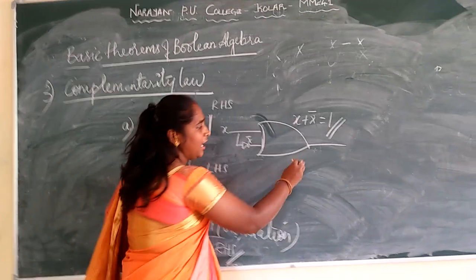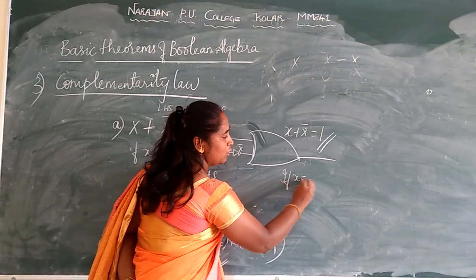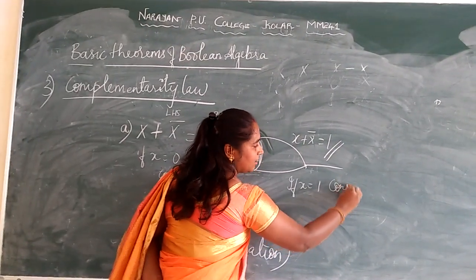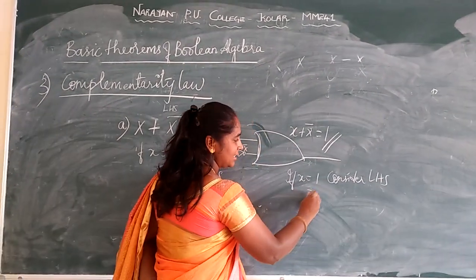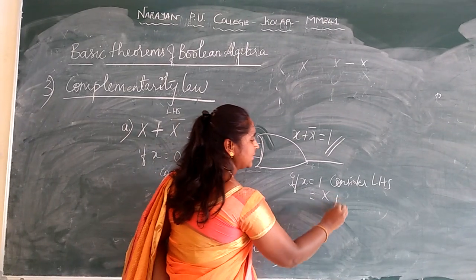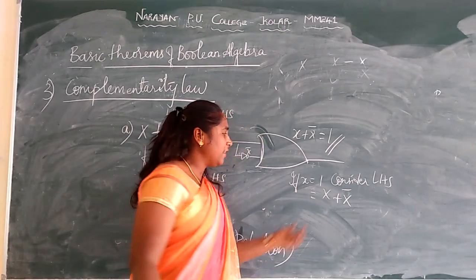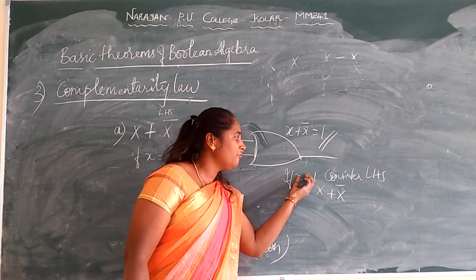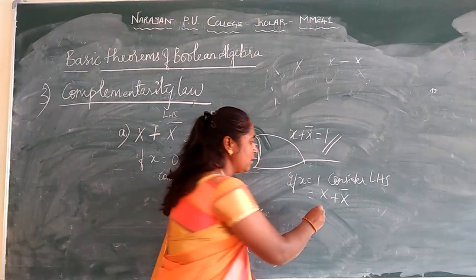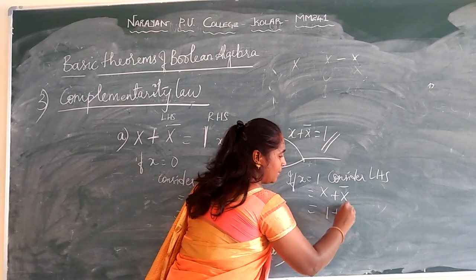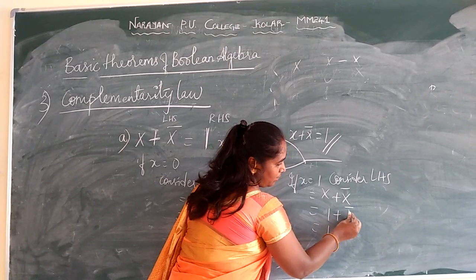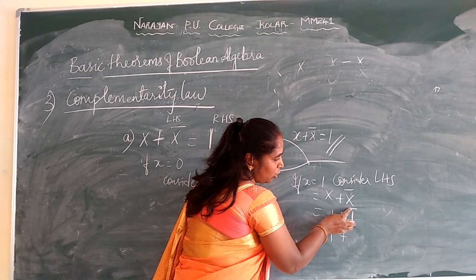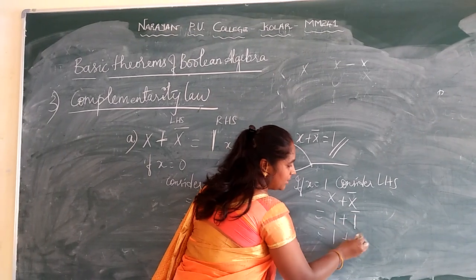Next, consider x equals 1. Consider your LHS, that is x plus x bar. In place of x, you substitute 1. So 1 plus 1 bar. 1 bar, the NOT of 1, becomes 0.